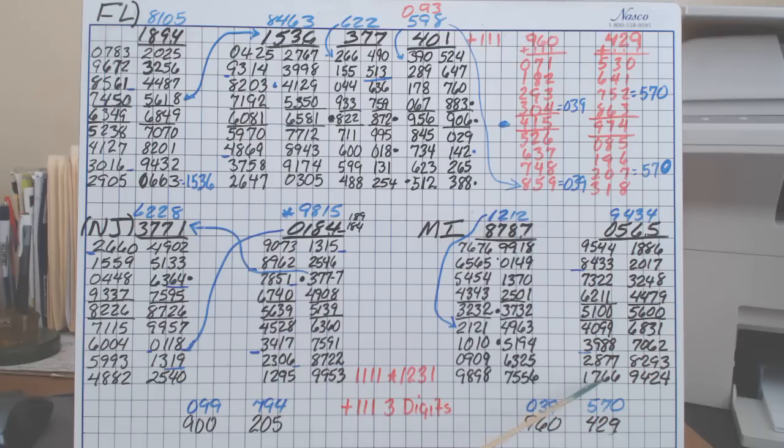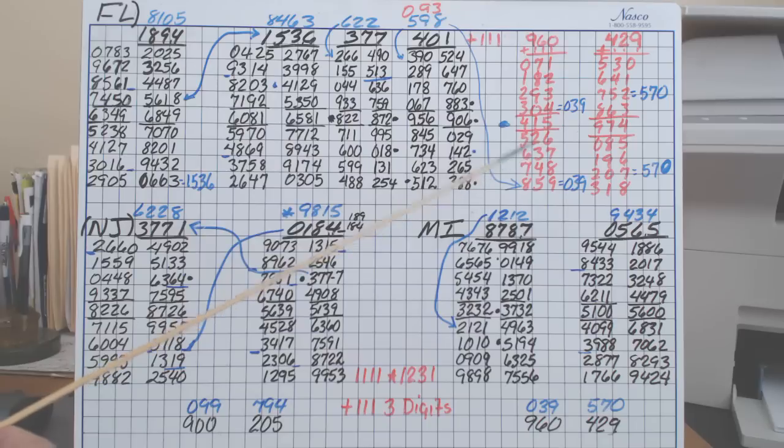Georgia, on the second, I believe, had your 176. So you have a lot of numbers that are connecting with other states that you're not aware of. But if you really want to do a checkpoint, do the plus 111.